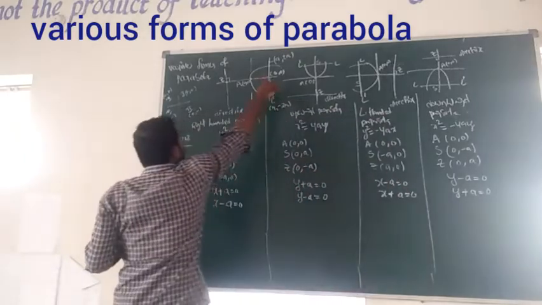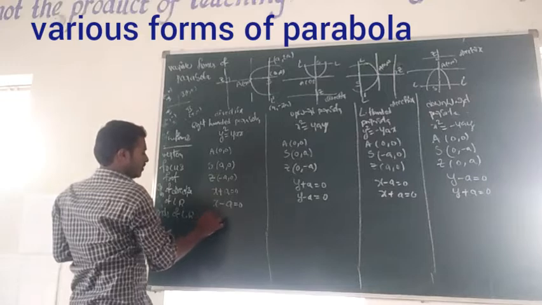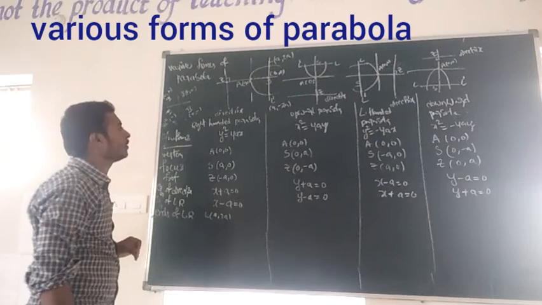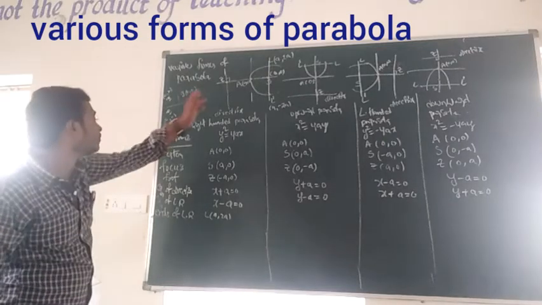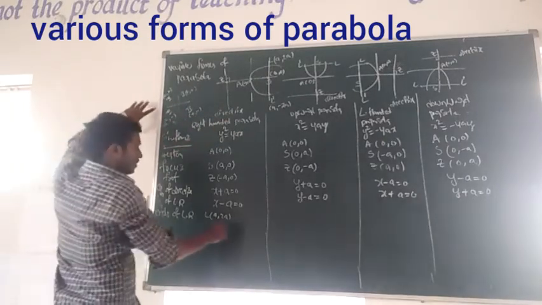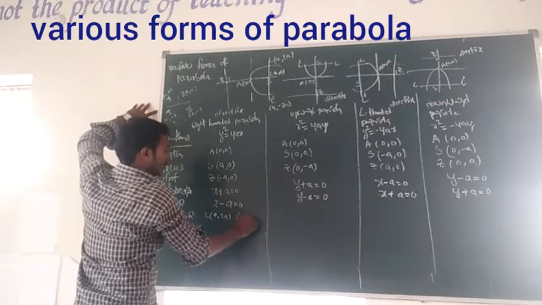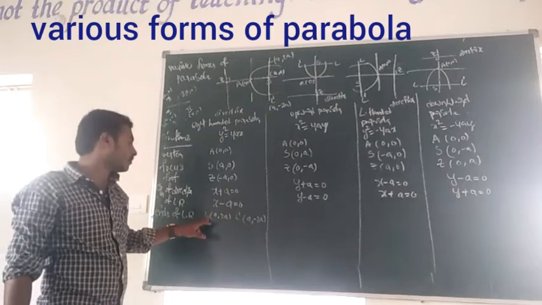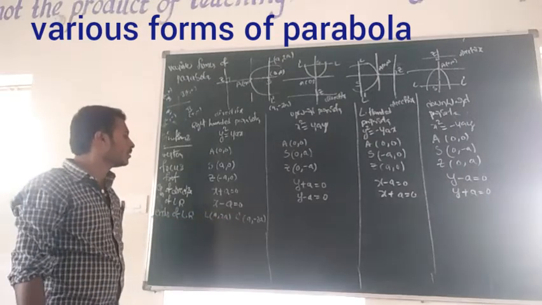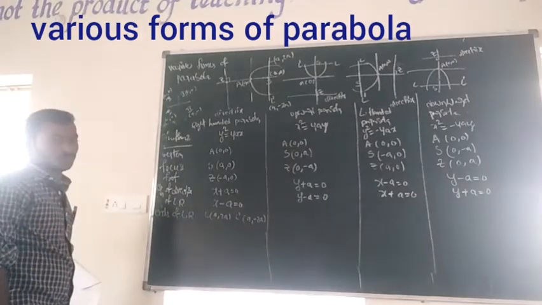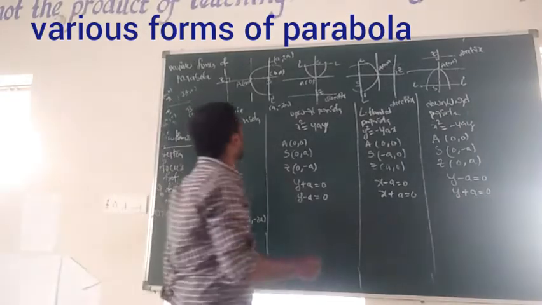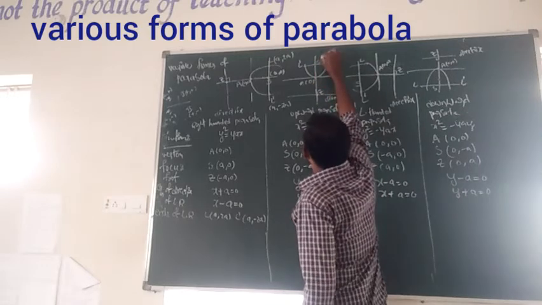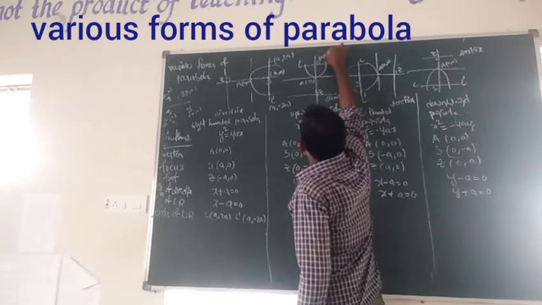So in the first diagram we take L as a comma 2a, and here we get L dash as a comma minus 2a. L equal to a comma 2a and L dash equal to a comma minus 2a. Now from here also, L and L dash, here it is 0 comma a.